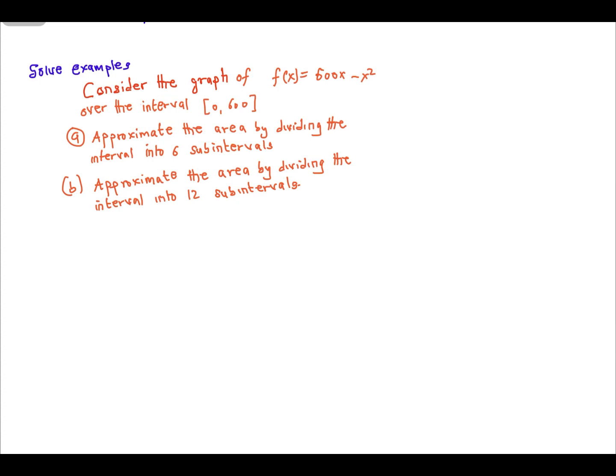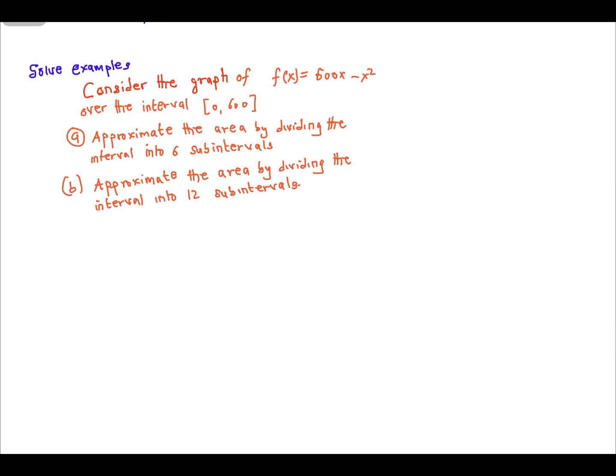So the result you get with 30 intervals will be more accurate, closer to the true value, than that of 10 intervals. And the result for 50 intervals will be more accurate than the one with 30 intervals, right? So the accuracy of the Riemann summation depends on the number of rectangles that you use.